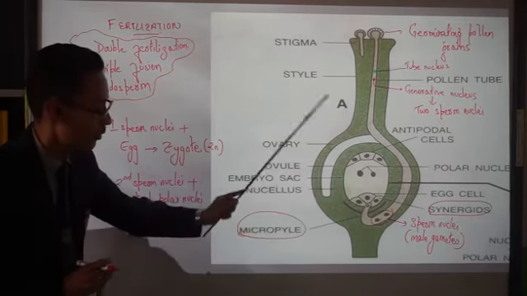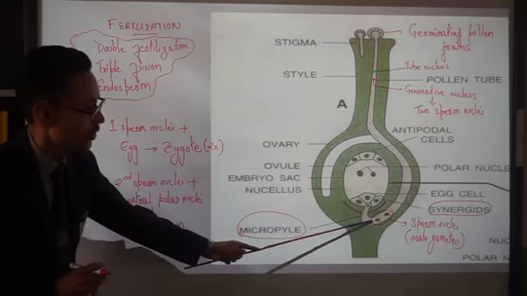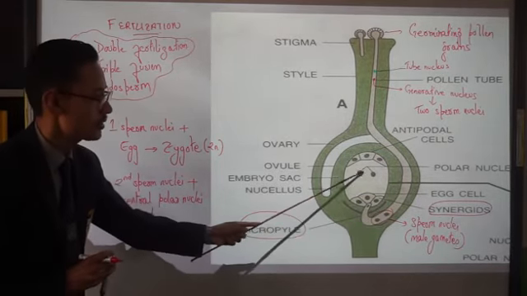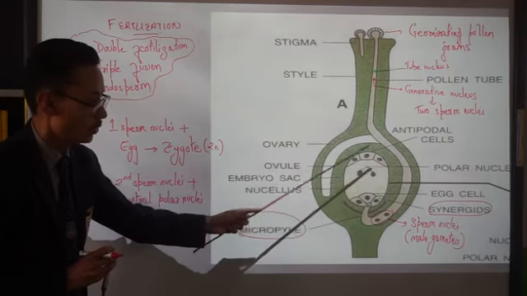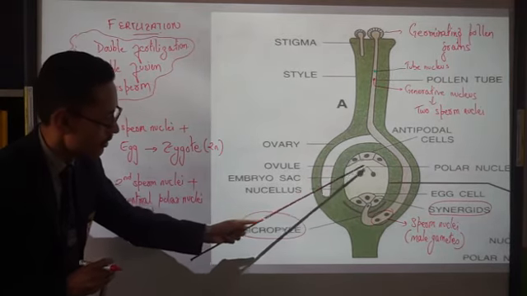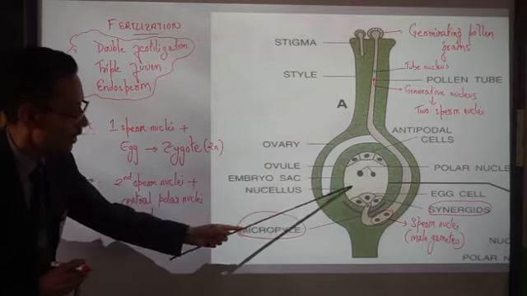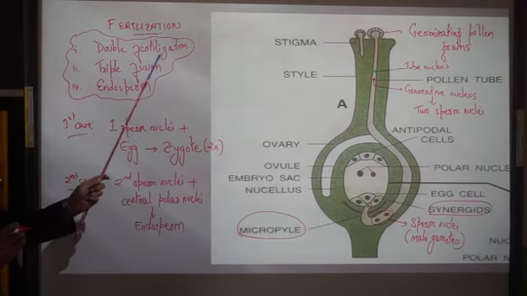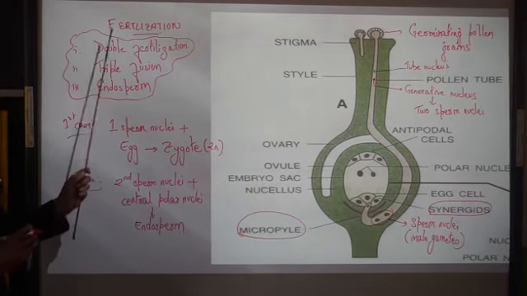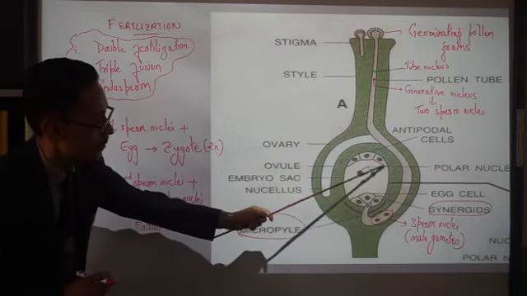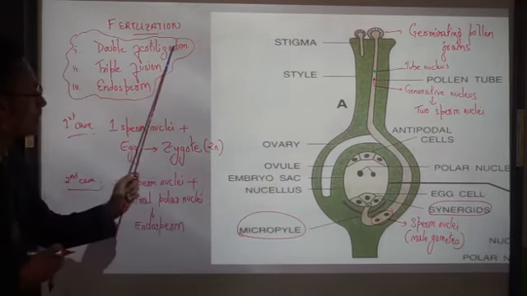Why? The first male gamete goes and fuses with the egg cell. The second male gamete goes and fuses with the central polar nuclei cell. So the fusion of gametes occurs twice inside the embryo sac. That's why we call it double fertilization. Clear? So in double fertilization, the fusion of gametes occurs twice inside the embryo sac.